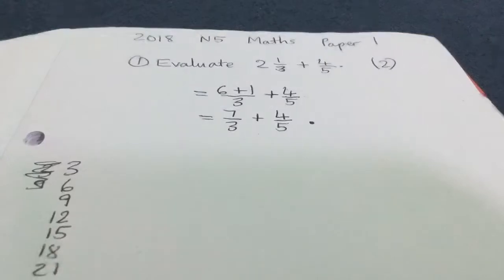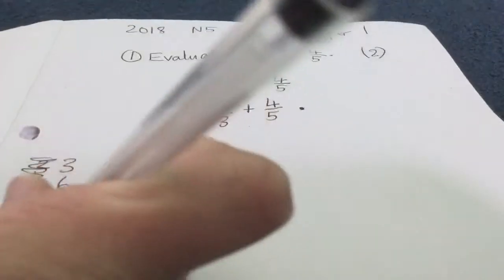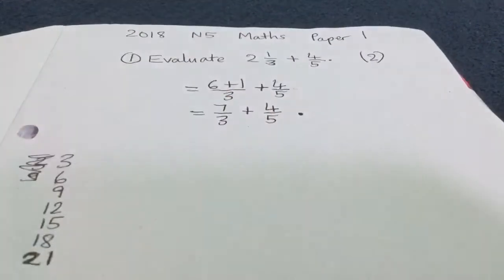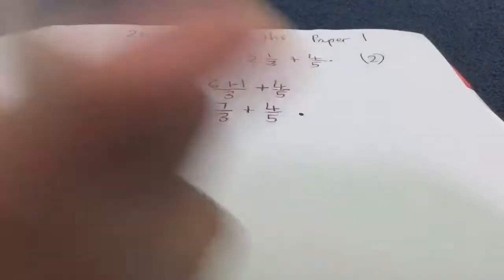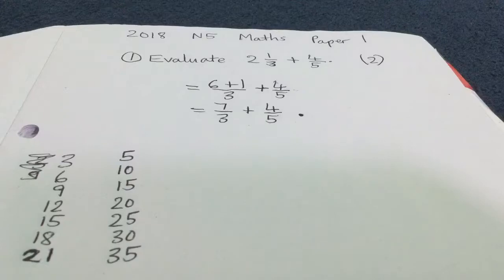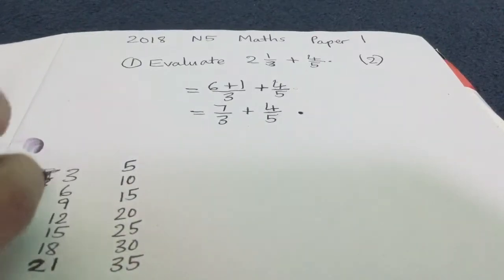We'll write down 7 numbers. And for the 5 times table, we have 5, 10, 15, 20, 25, 30, and 35. We'll write down the first 7, ignore this bit as that was a mistake, we'll scroll that out.